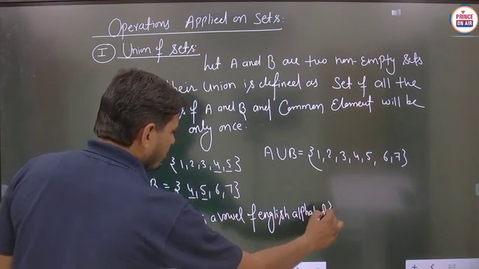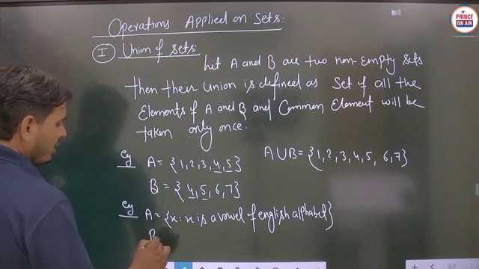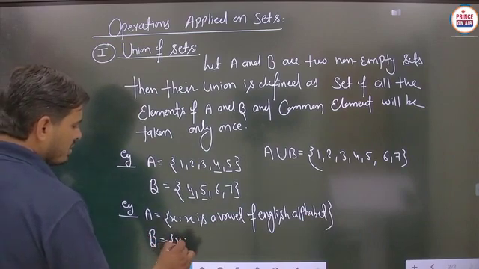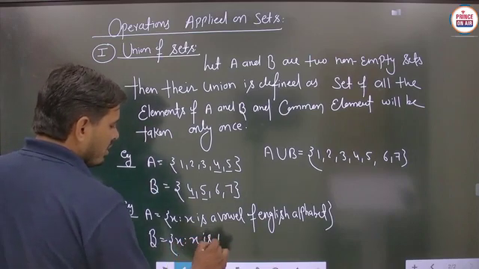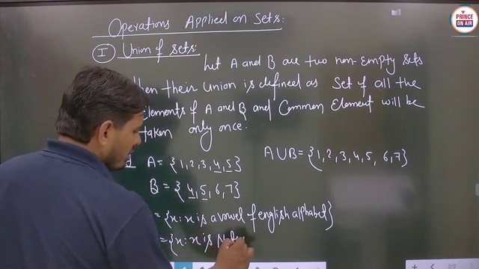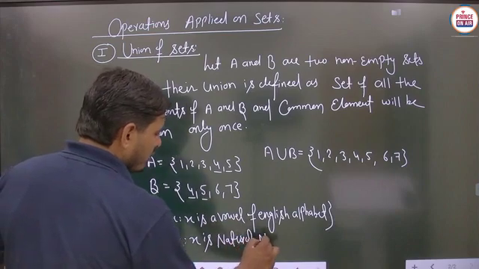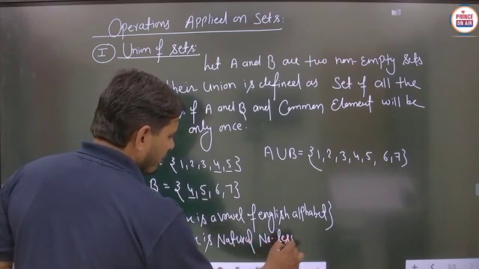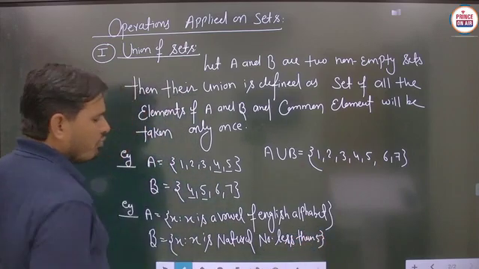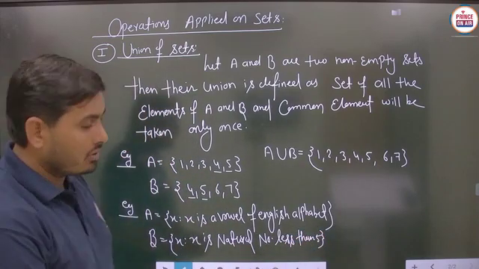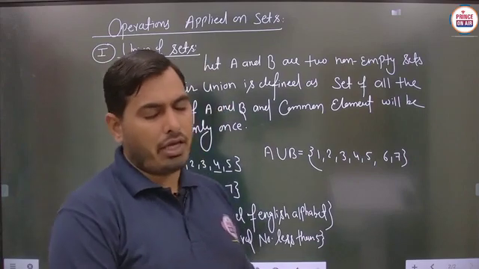Next, suppose student we have to take another set B, and B is taken like this: X such that X is a natural number less than 5. And suppose we just want to calculate A union B.